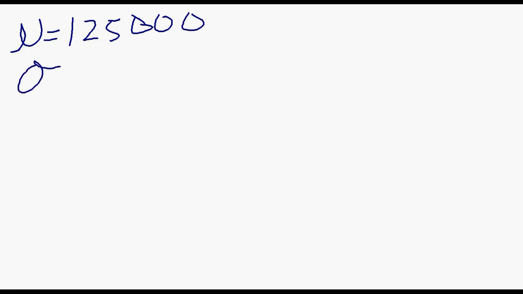I hope you can see my whiteboard. According to this, our population mean is equal to 125,000, and our standard deviation is equal to 40,000.